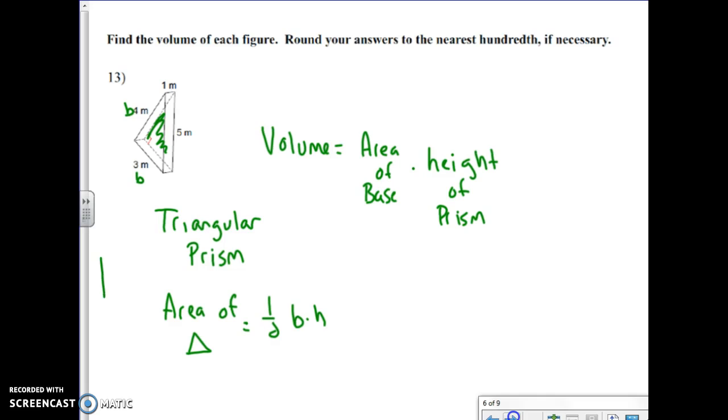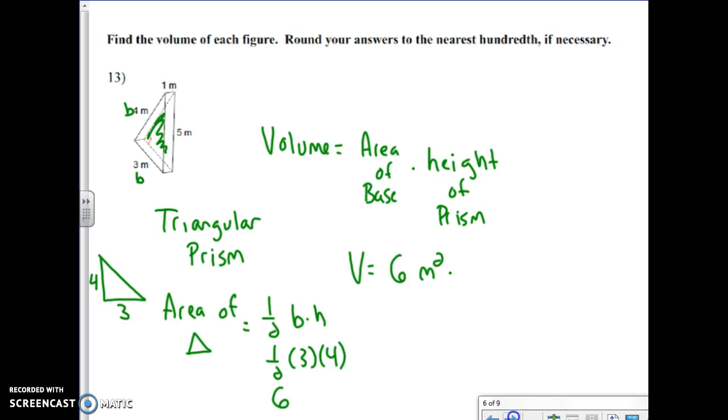If I were to look at my triangle looks like this. So that's why I'm saying this is 4 and that's 3. So I'm going to take half of 3 and multiply it by 4. So I get 6. So my volume is 6 meters squared times the height of my prism.